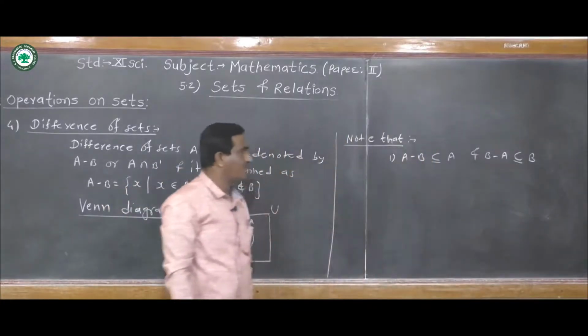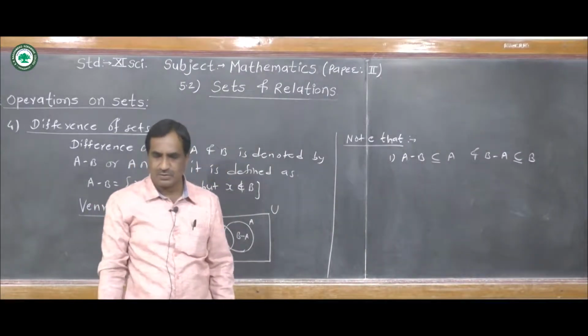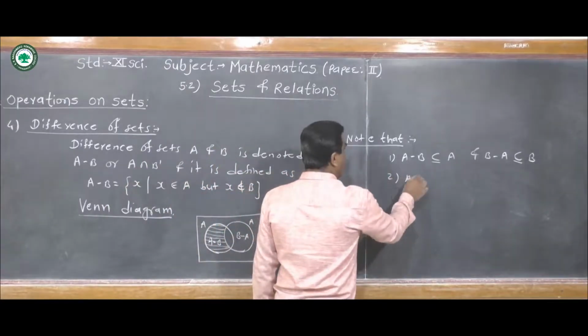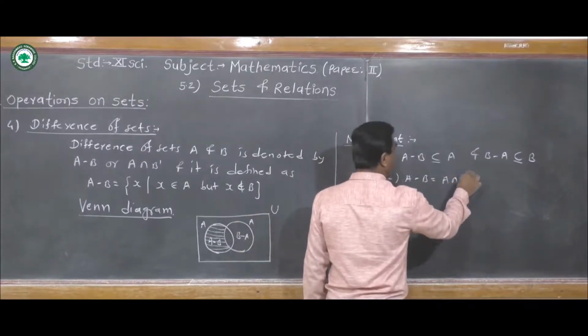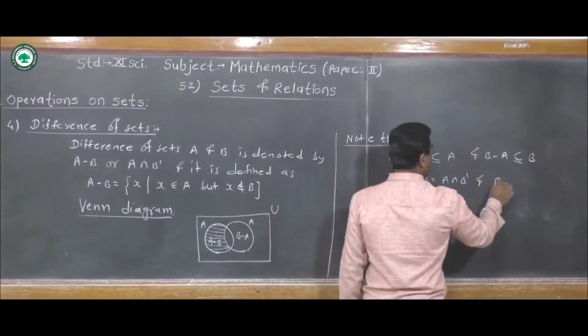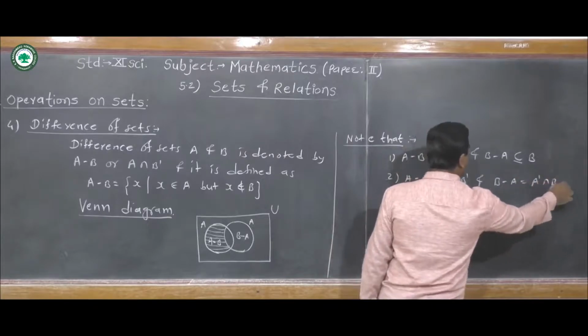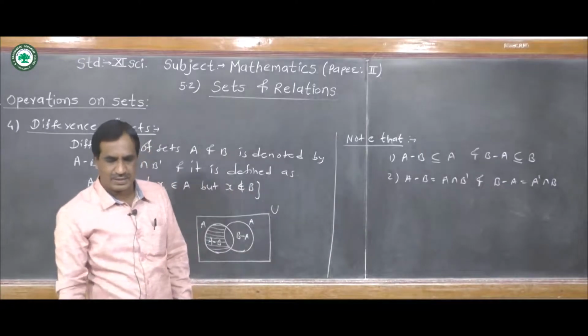First note. Second note is A minus B is equal to A intersection B dash and B minus A is equal to A dash intersection B. This is the second note.